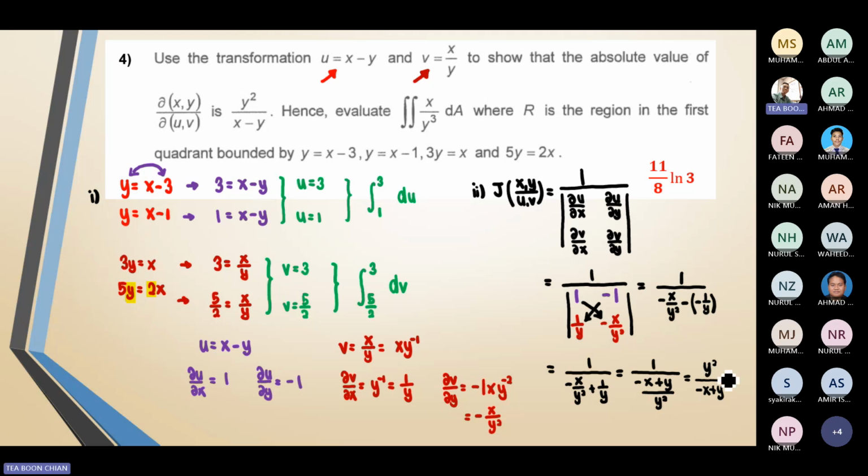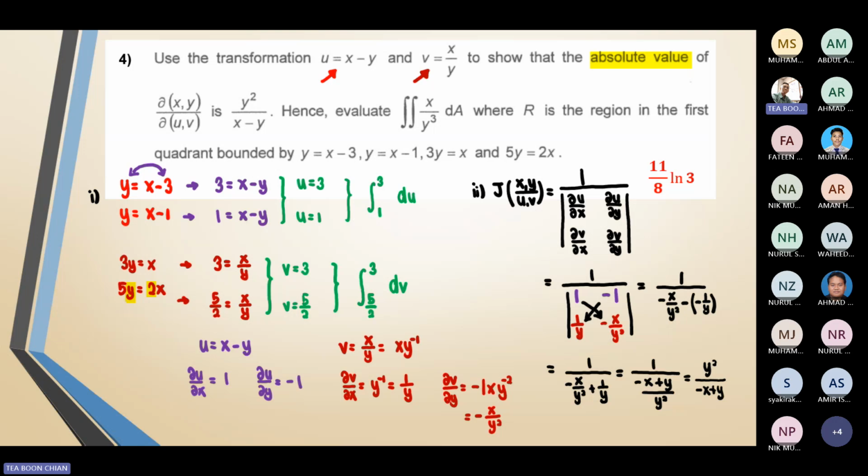Now, if you compare the Jacobian that you computed now and the answer that it asks you to show, you are actually very near. But you notice that the denominator is x minus y, what you have is minus x plus y. What is actually missing here is that you have not shown the absolute value yet.